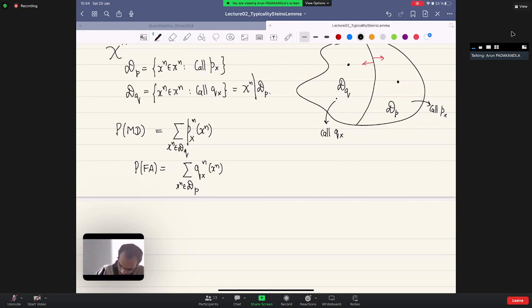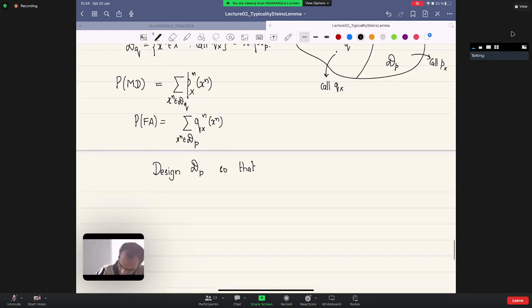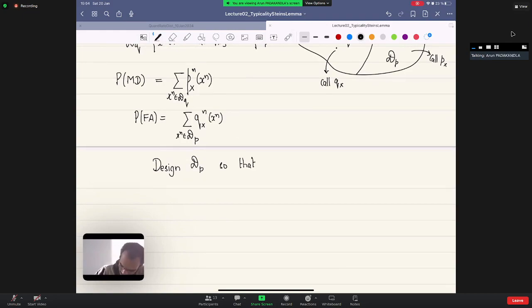So what do you want to do? The goal is to design Dp so that the sum over xn belonging to Dq of Px(xn), which is the sum over Xn minus Dp, because remember Dq is Xn minus Dp, is greater than or equal to 1 minus epsilon.